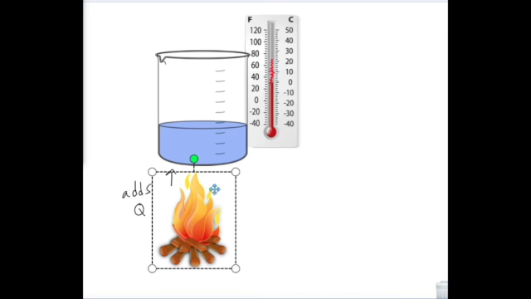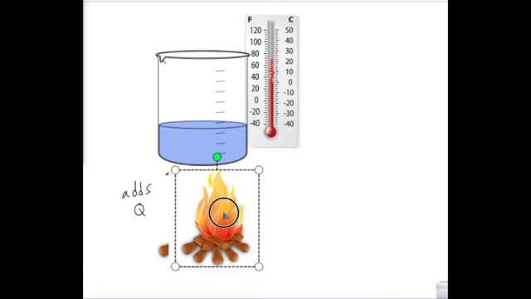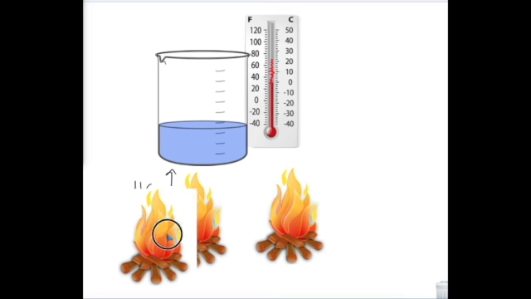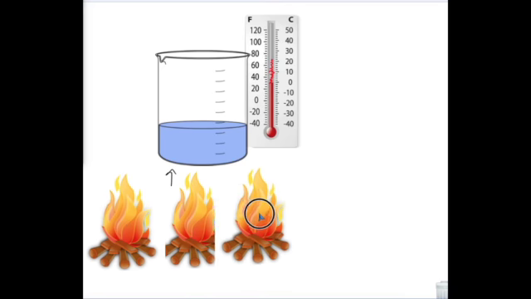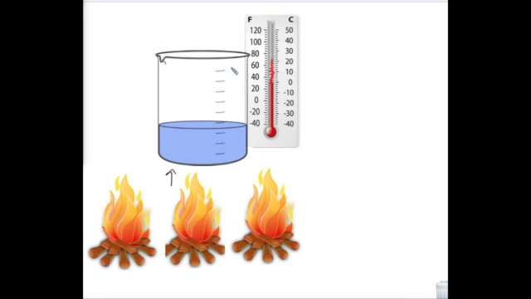If I add more, if I add even more heat, the temperature rises even more. But the amount of heat that I add is not equal to the temperature that I get. Right. So another way to think about it is with stocks.